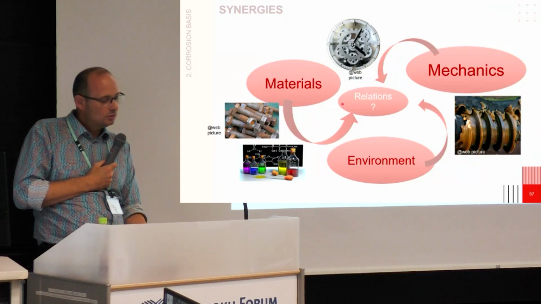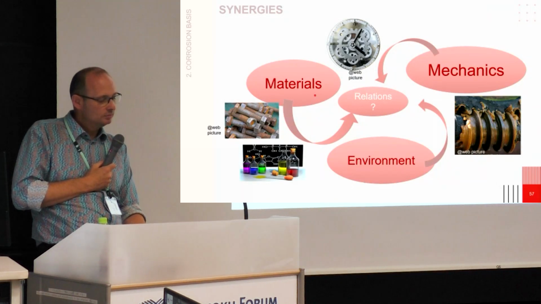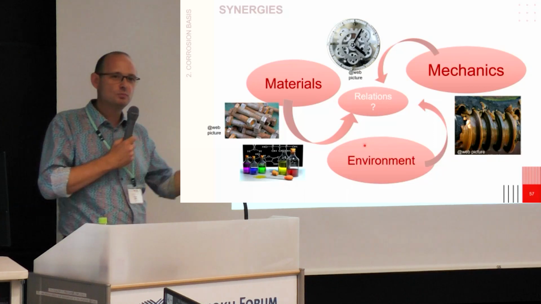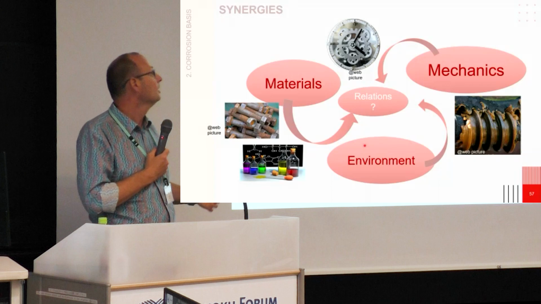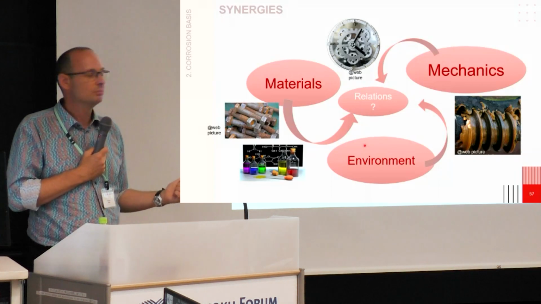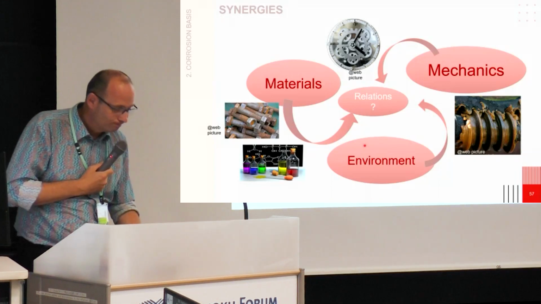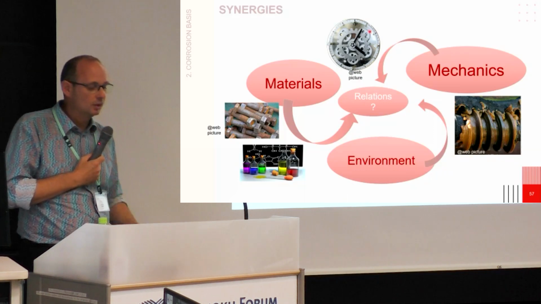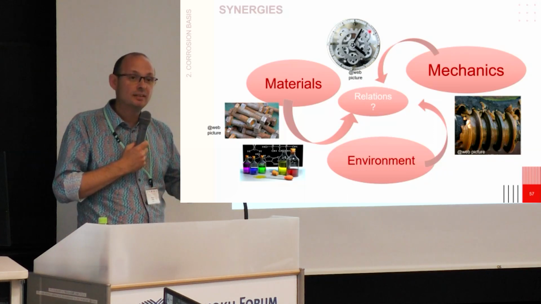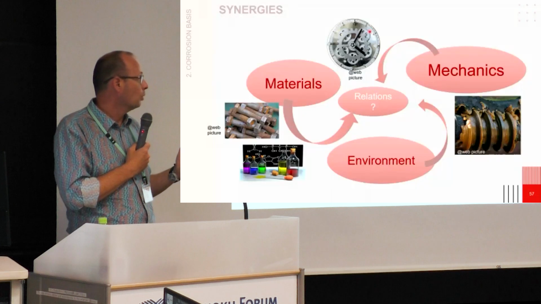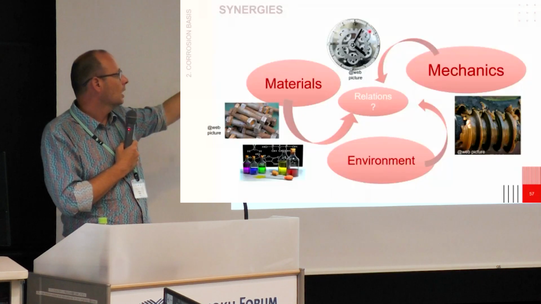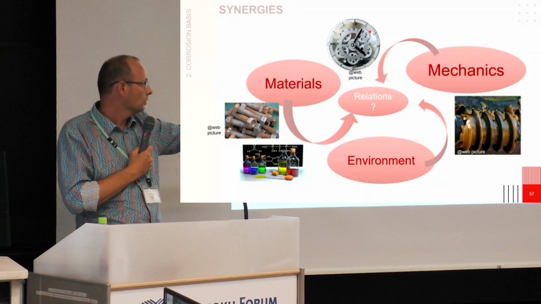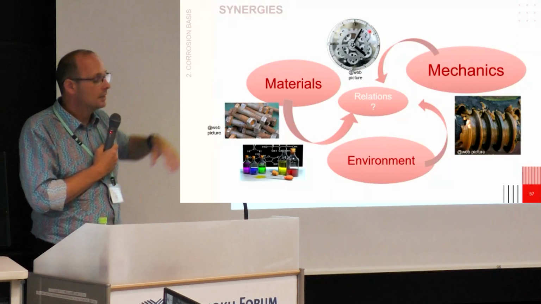So right now, we have just seen materials and environment, and just before, Sylvain was giving a talk about mechanics, and he was saying that mechanics also degrade materials. So what kind of relation can we find? There are actually a lot of works dealing with, at the same time, mechanical and environmental load to characterize materials.